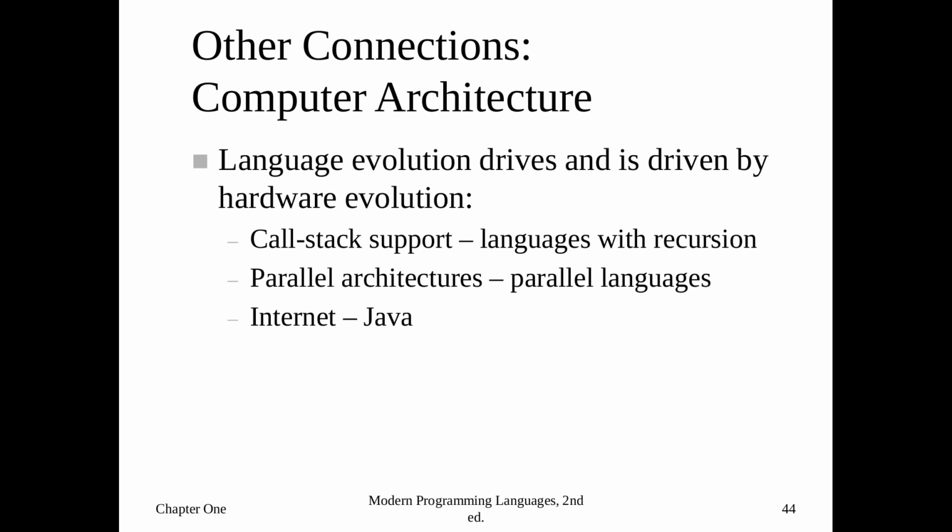So that was driving what we could do, and inherently drove the evolution of the language. Once we added call stack support, we got recursion. As soon as we added parallel architectures, we gained parallel languages. When we created the internet, well, several years after we created the internet, Java emerged, right?